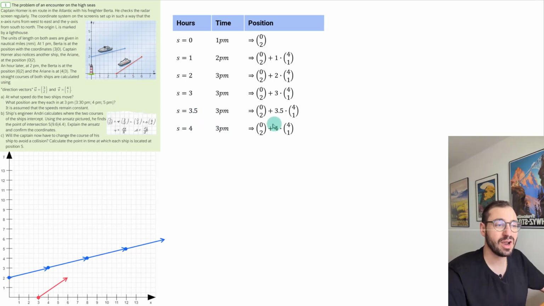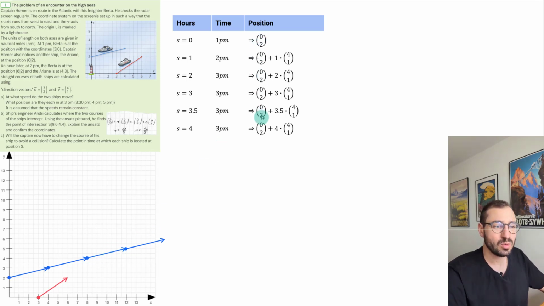So for instance, for 4 hours, and now we have 4 times the direction vector, and for 3.5 hours, we have 3.5 times the direction vector. And probably you already see the pattern here. The pattern is that any position of the blue ship can be described by a certain equation.